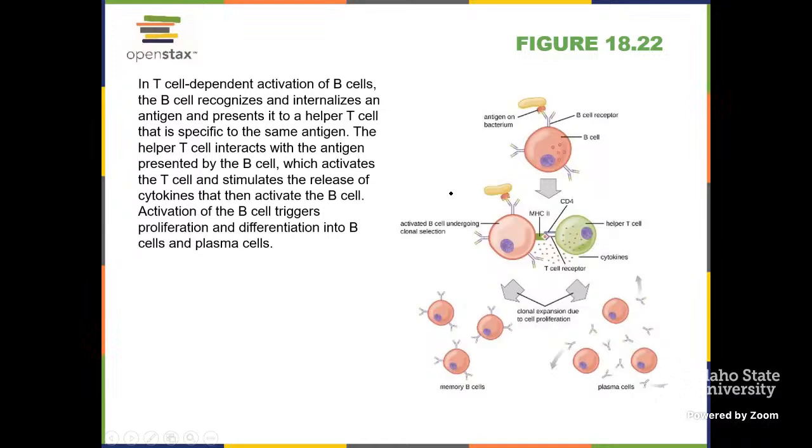So memory cells are important for some protective immunity, and the plasma cells, well, these are important right in that instance of this infection. They are stimulated to just start flooding the body with massive amounts of antibody, and maybe upon the second exposure of that pathogen, those memory cells are what's targeted to start differentiating into these plasma cells, and we see immune responses much more rapid upon that second exposure.